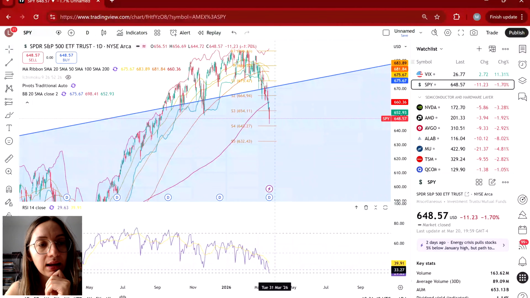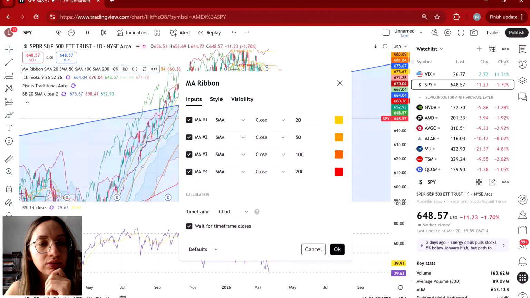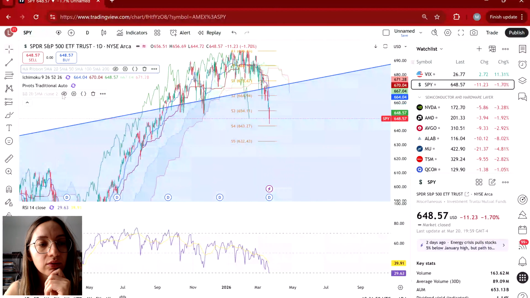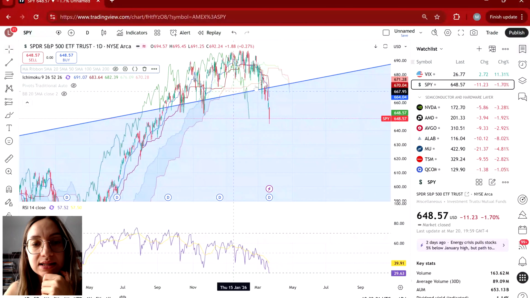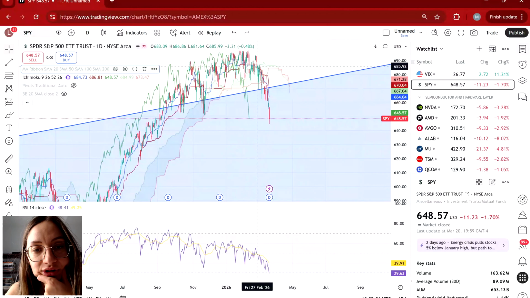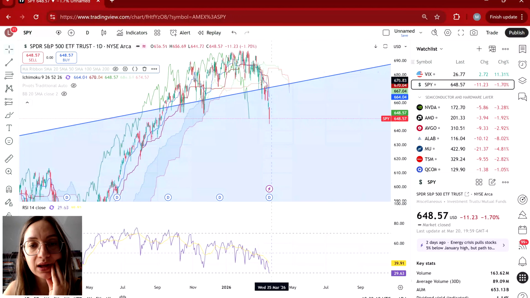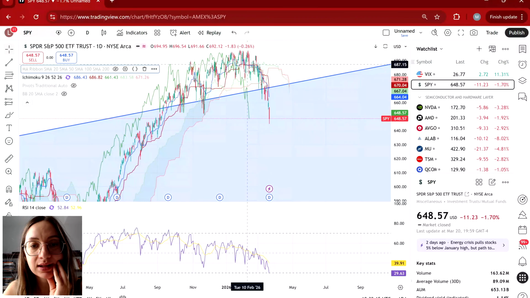Last thing, for the Ichimoku, as you see, we cleared the other two. Our Tenkan-sen around here definitively crossed the red line and it went down around February 10, and here is the cloud crossover to red cloud.